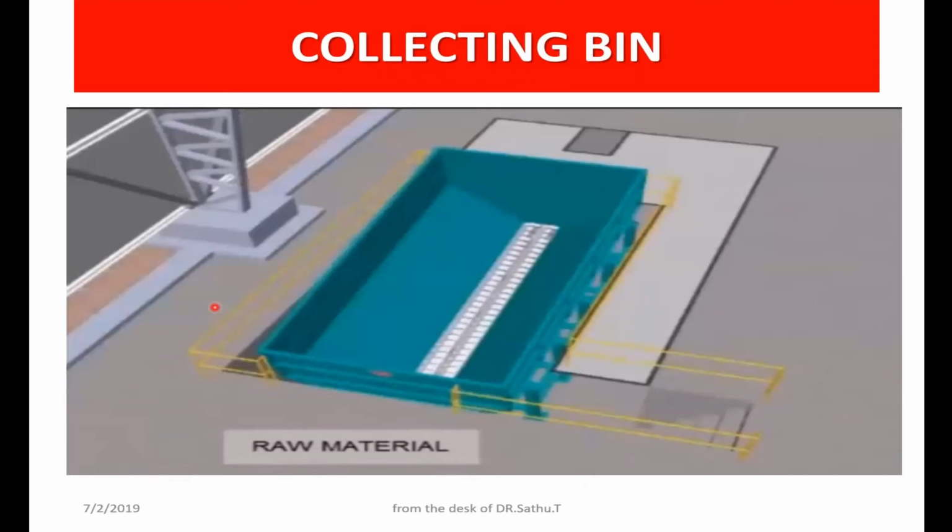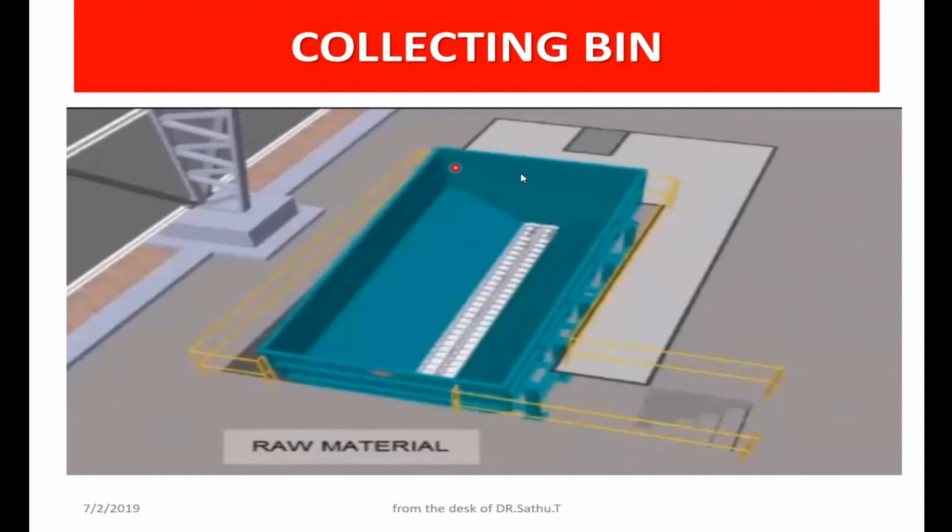If you take the very large, big rendering units, they have the collecting bins. Whatever materials they collect, maybe from the various shops or the abattoirs, they bring in the vehicle, and it will be unloaded into the collecting bins.